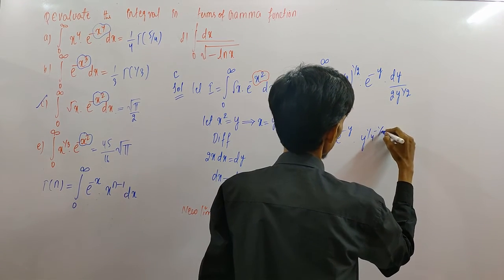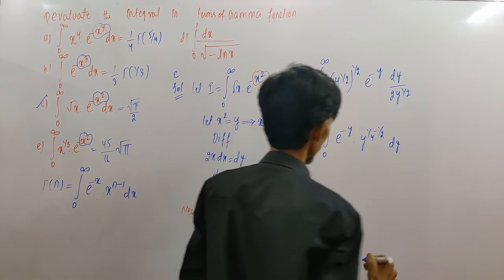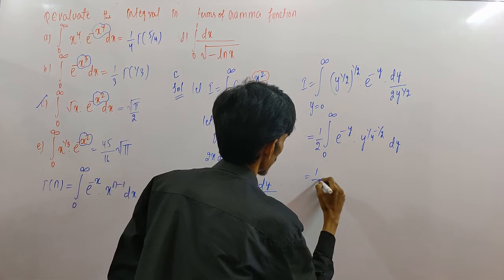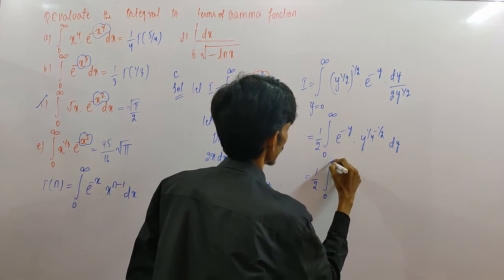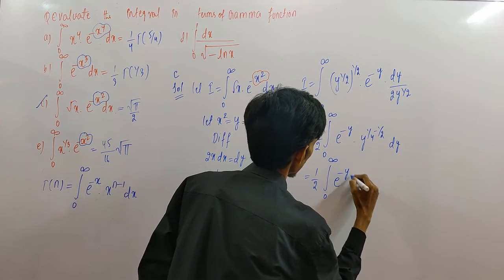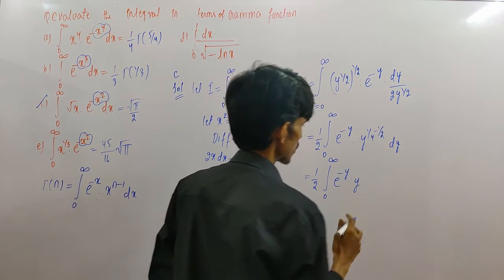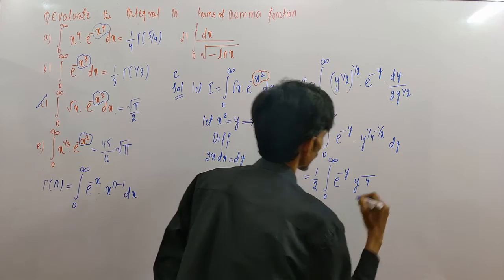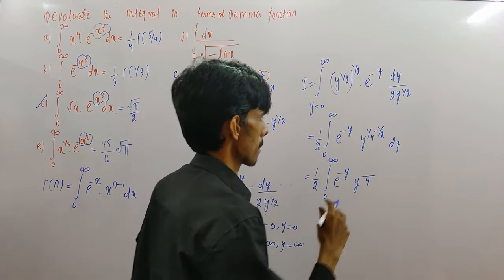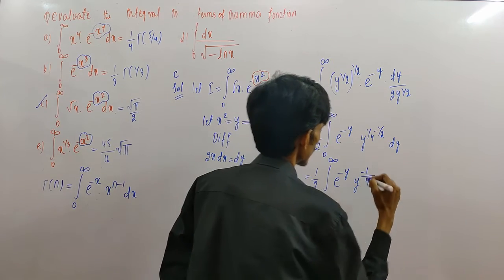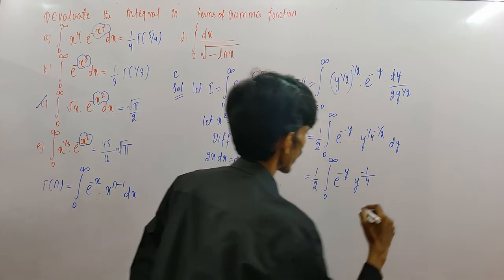So we have minus 1 by 2 dy. That equals 1 by 2 integration 0 to infinite e power of minus y power of, here the LCM is 4, one minus 2, we have minus 1, so minus 1 by 4 dy.